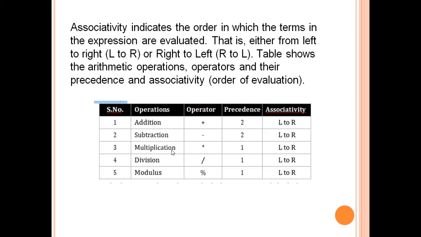For the multiplication operator, the precedence is 1, which means you have to evaluate that operator first, and the associativity is left to right. Similarly, the division and modulus operators also have precedence 1 and associativity left to right. These are the operators, their precedence, and their associativity.